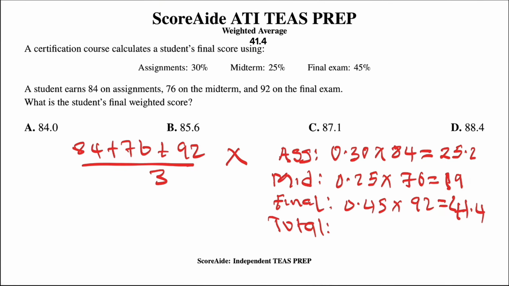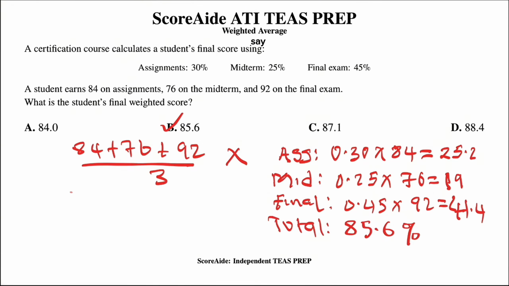So now let's calculate the total mark. It's going to be 41.4 plus 19 plus 25.2, which is going to give us a total of 85.6%. Right? Now, that answer is going to be B, 85.6. You can still do this.